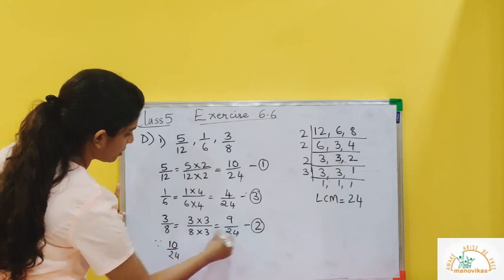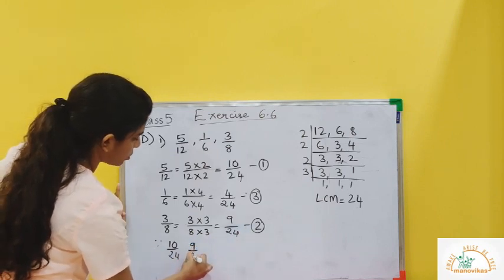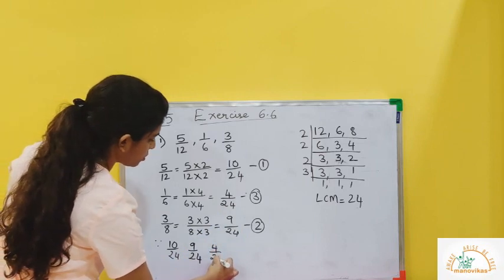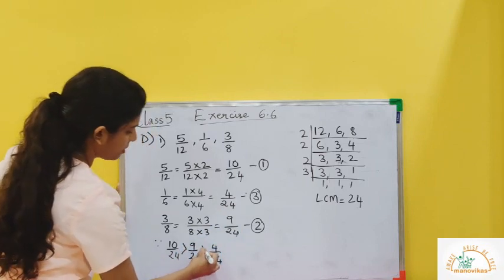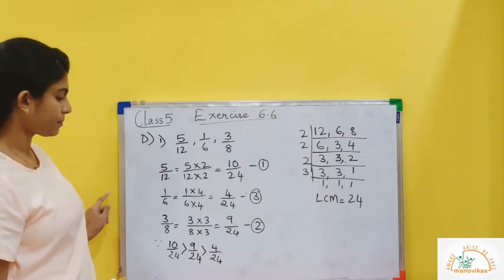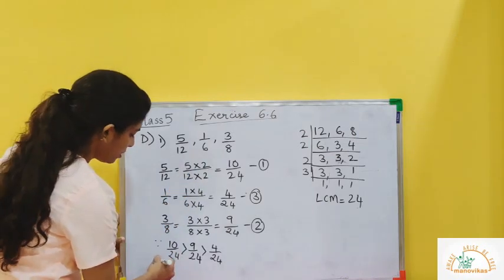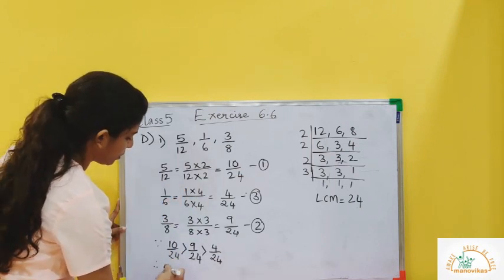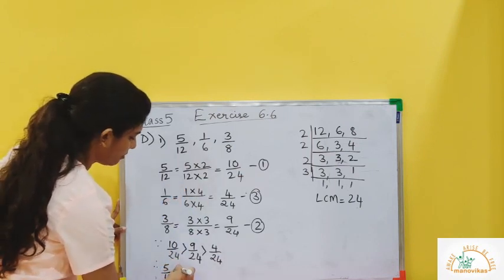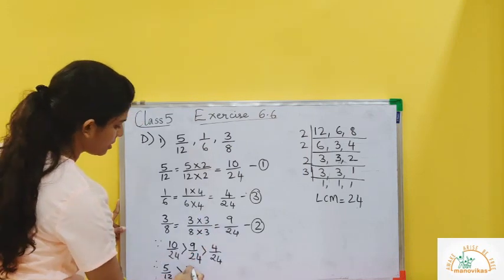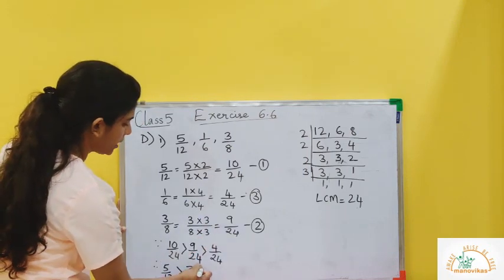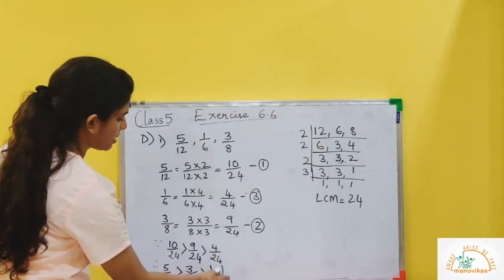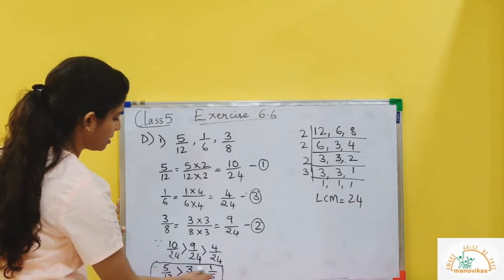Next number will be 9 upon 24 and the last number is 4 upon 24. So you can write the symbols like this. Therefore, write the original numbers. So 10 upon 24 is 5 upon 12, greater than the second, 3 upon 8, and the last number is 1 upon 6. This is my final answer.